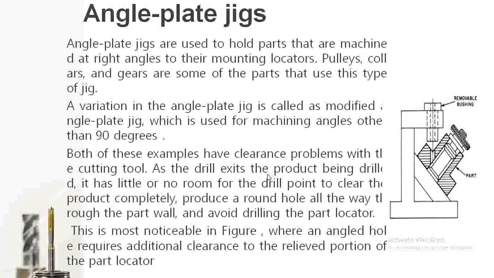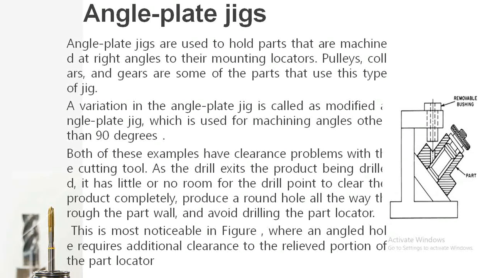Coming to the next, that is angle plate jigs. So what are angle plate jigs? Angle plate jigs are nothing but a simple jig that consists of bushings, or jig bushings, that will help to drill the hole or to machine certain workpieces at a certain angle of orientation, that is, at angles other than 90 degrees.